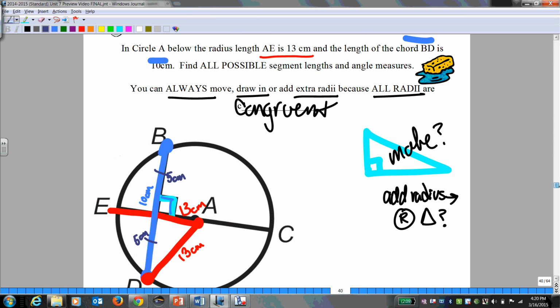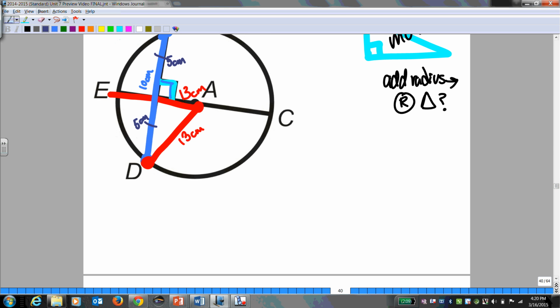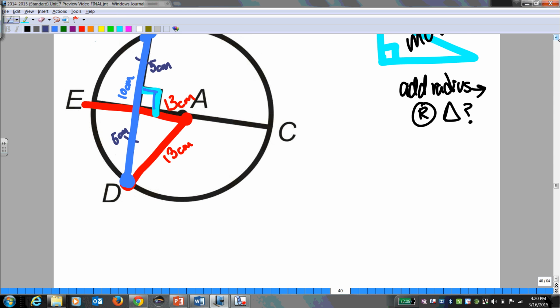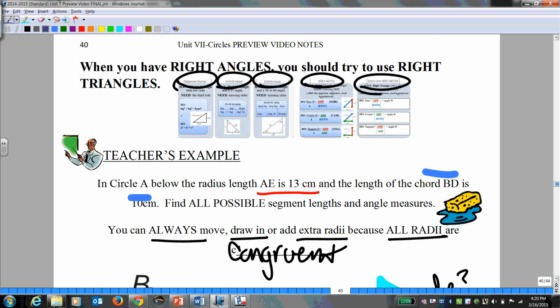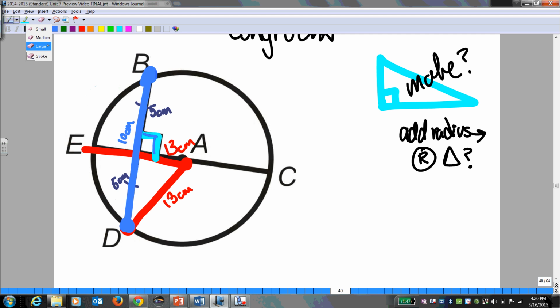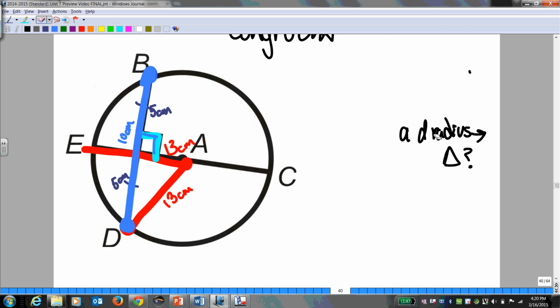So from here, our goal is to find all possible segment lengths and angle measures. So now that we have a right triangle, we just start squeezing the sponge here. So let's deal with something that's easy to find. If I have a right triangle, I see here that's 13.